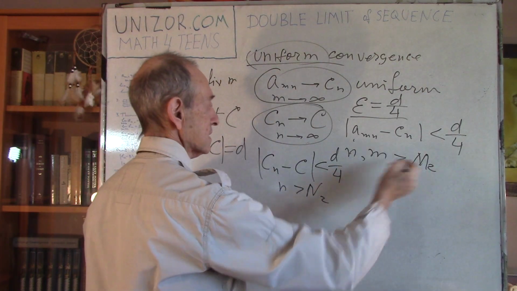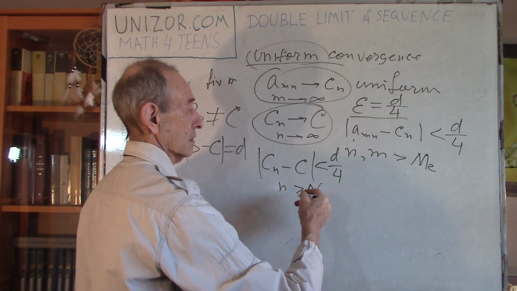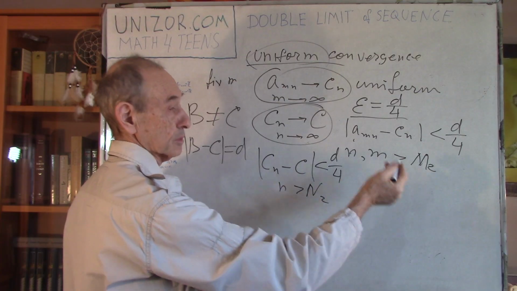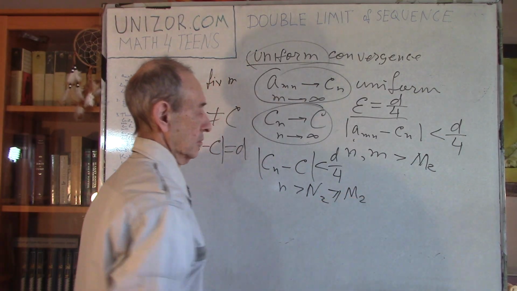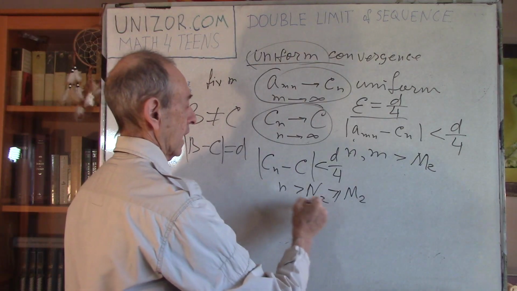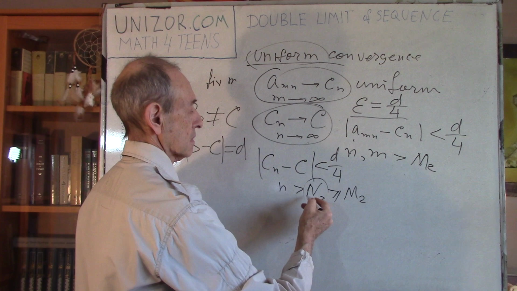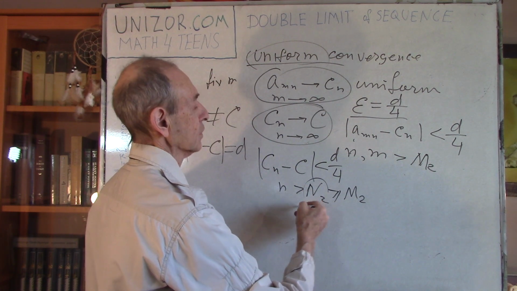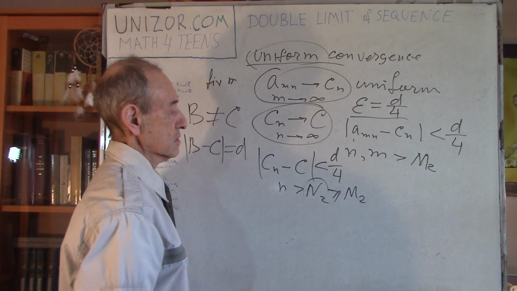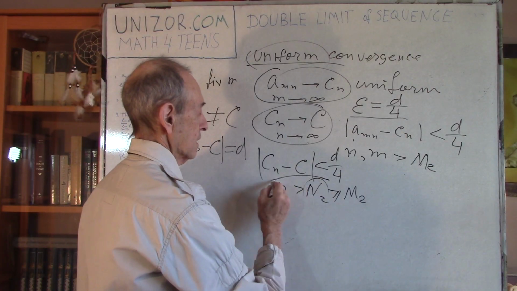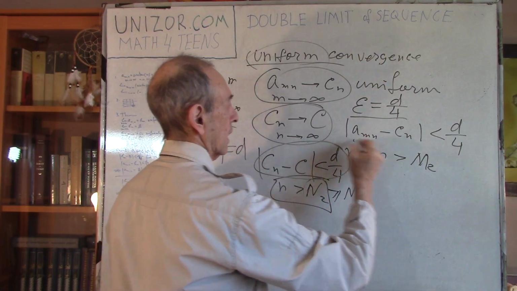And now, again, the same trick. If n2 is smaller than m2, we will take m2. So that would be even better. So whatever n2, we will choose at least the maximum between the old n2 and the new n2, and old m2. So in any case, both this is true and this is true.